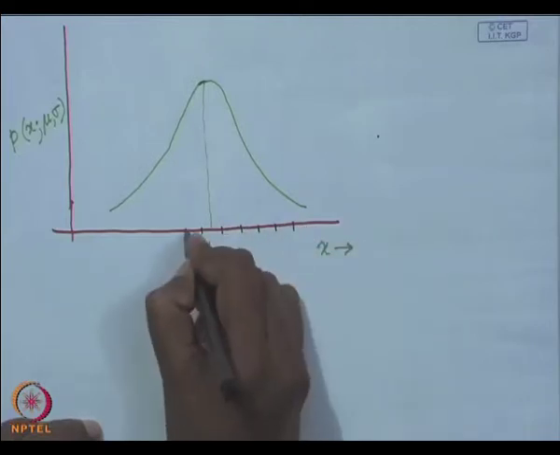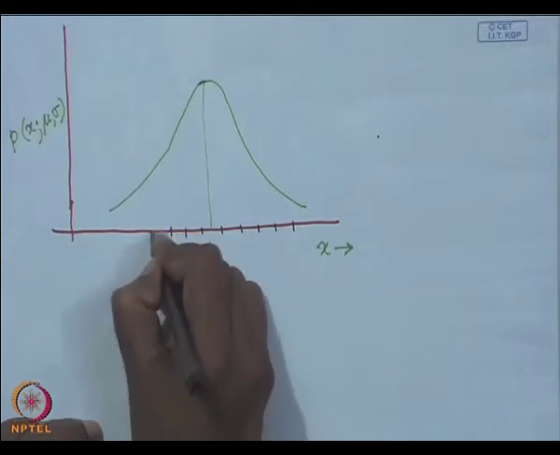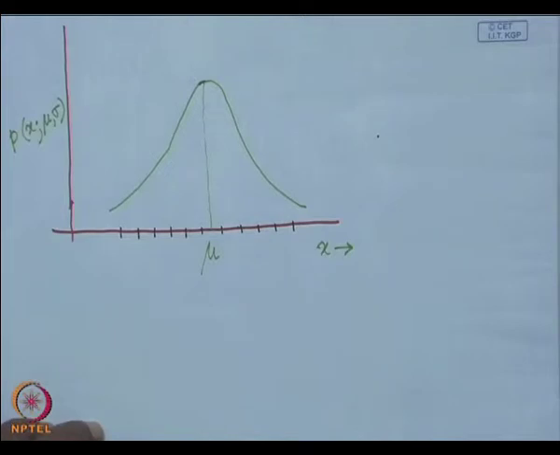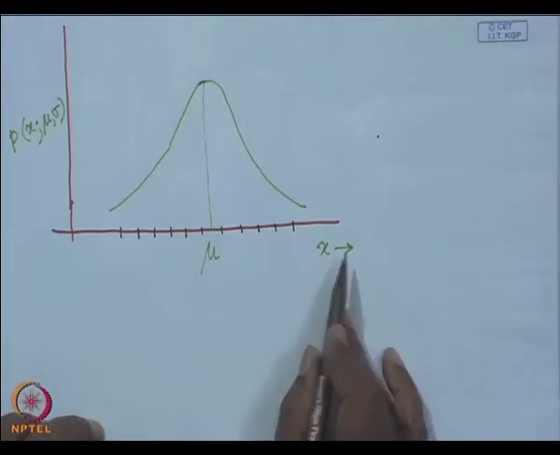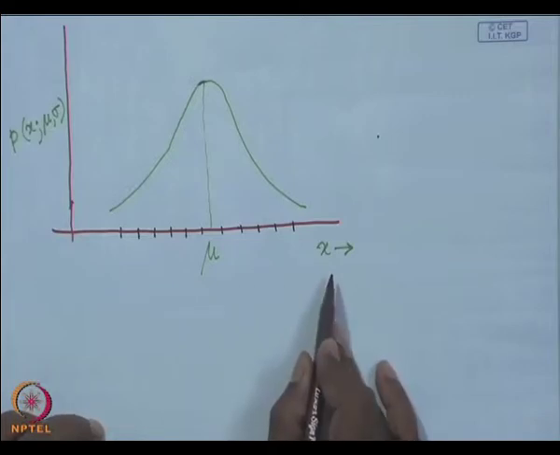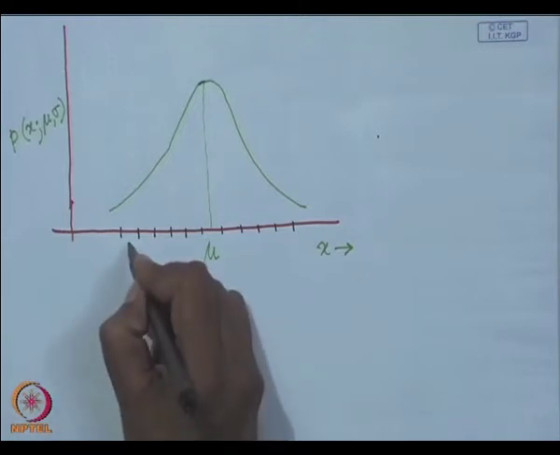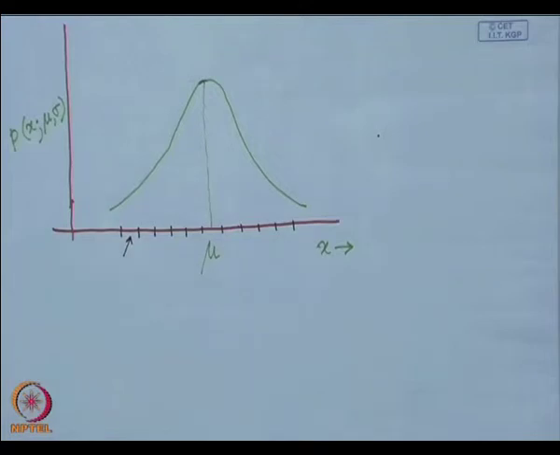These are the different intervals into which the axis representing the variable is divided. And I assume that in each of these intervals, the probability density is constant.